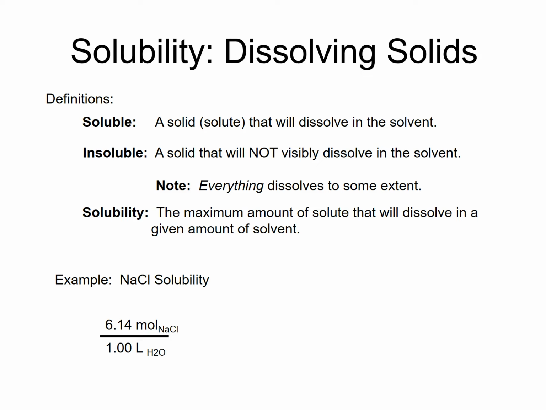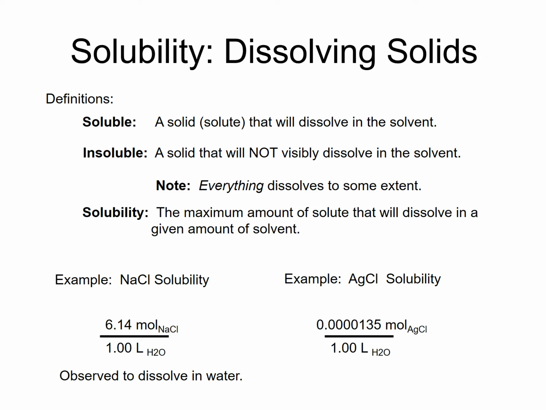If we turn our sights instead now on a different solute, this is silver chloride. Silver chloride is considered by most to be an insoluble solid. You take a small amount of silver chloride, you dump it into a liter of water, and you watch it, and you stir it, and you try to break it up, and you cannot visibly see it dissolving very much. This is because the solubility of silver chloride is so low.